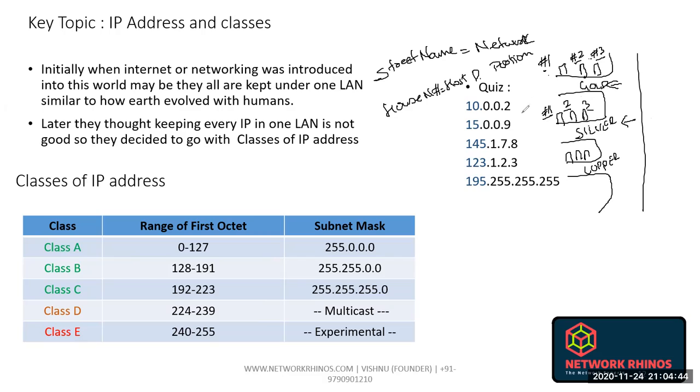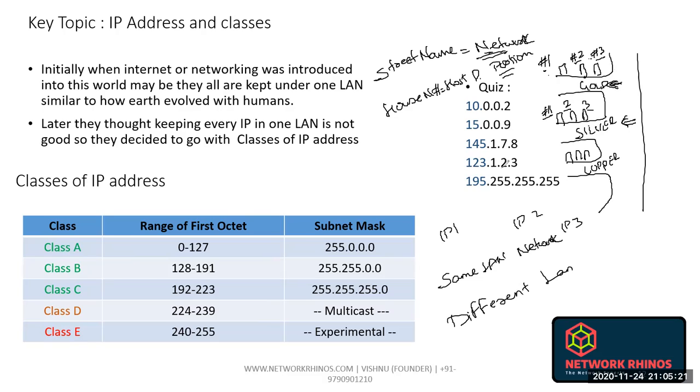Similar to that, when I have an IP address, and if I see that IP1, IP2, and IP3 have same network portion, in that case I can say they belong to same LAN network. If I see the street name, or I can say network portion, is different, in that case I can say they belong to different LAN.